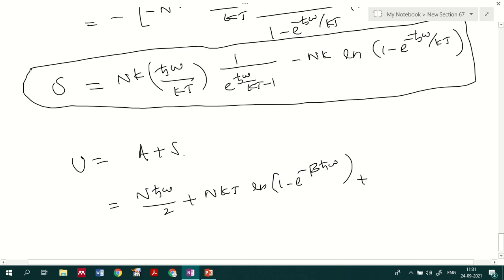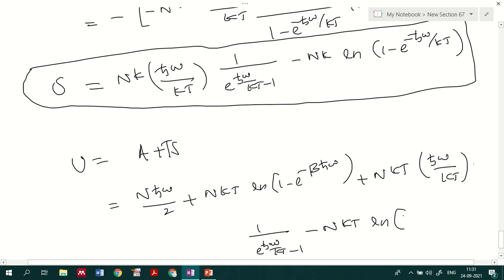Plus TS, here there is a T also, so that is NkT, ħω by kT, into 1 by e^(ħω/kT) minus 1, then minus NkT ln(1 − e^(−ħω/kT)). This is how the corresponding notation will be.